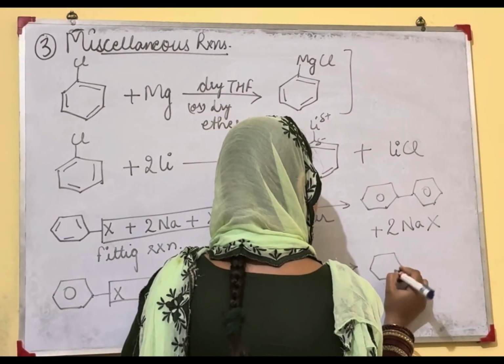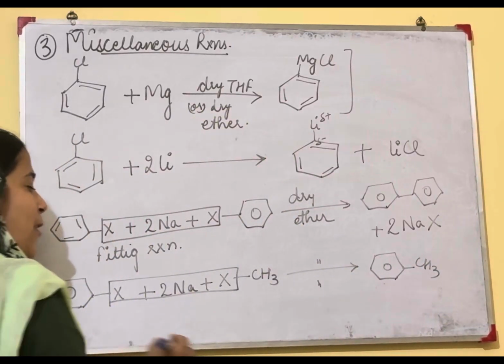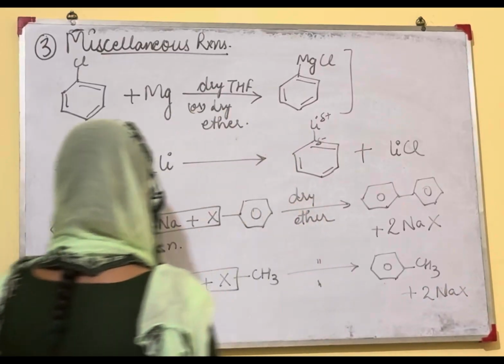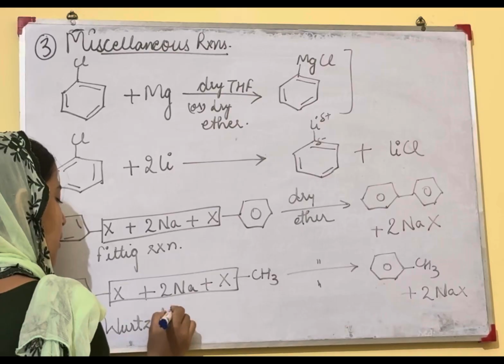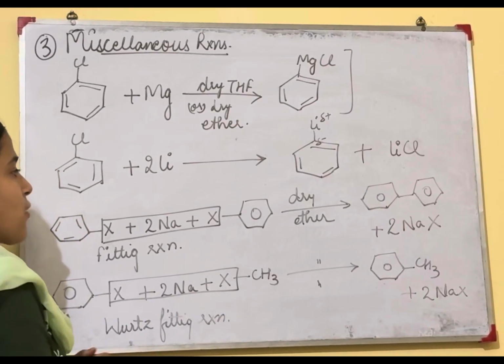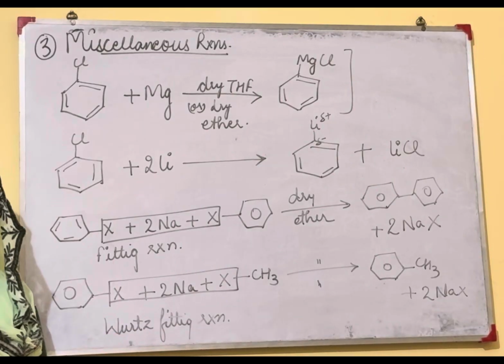On the phenyl ring CH3 will be attached along with the evolution of 2NaX. This reaction is called Wood's Fittig reaction. Now you can take a screenshot if you require.